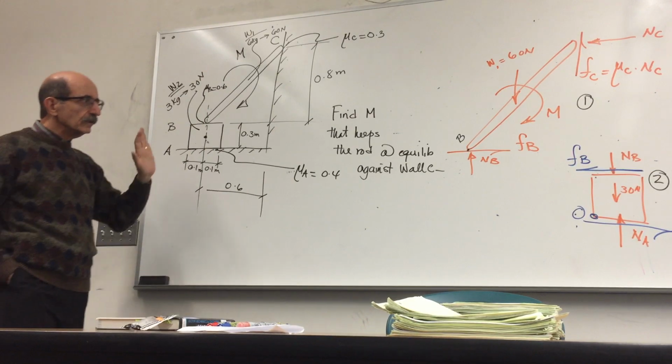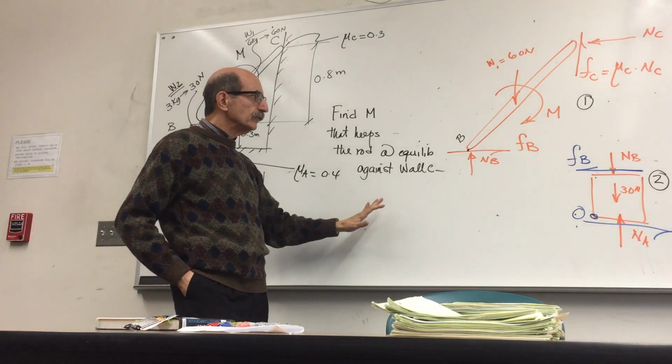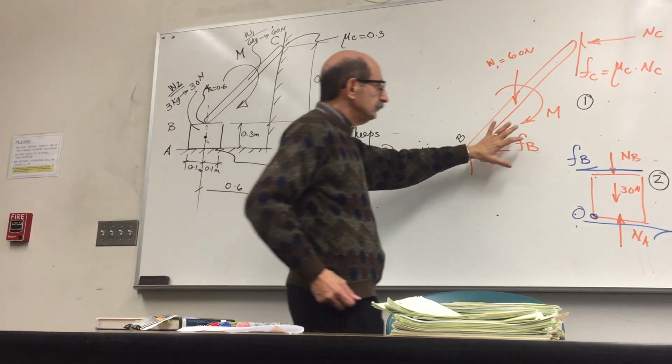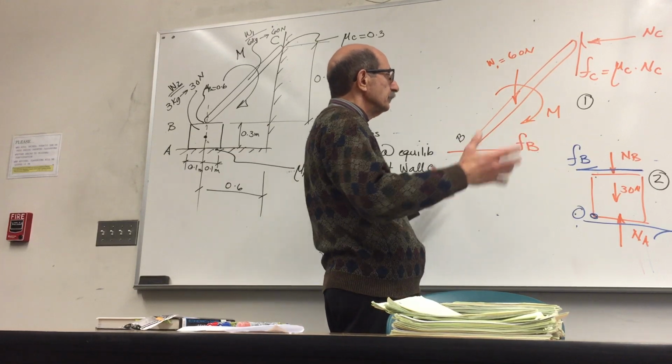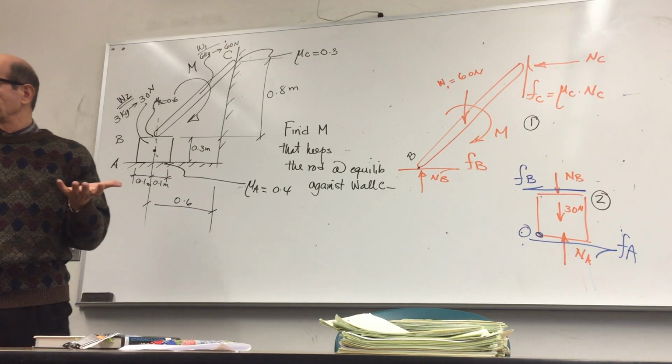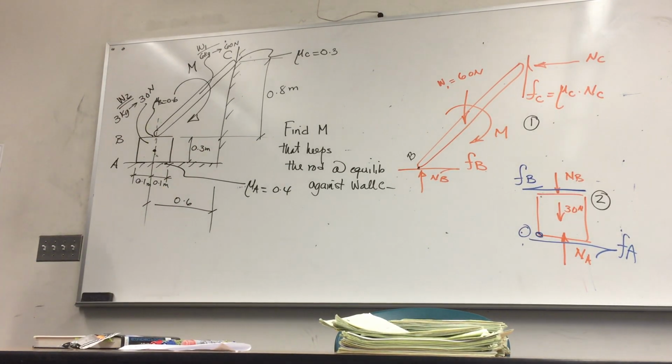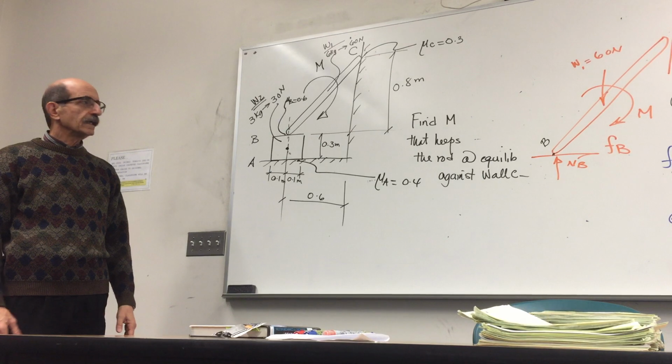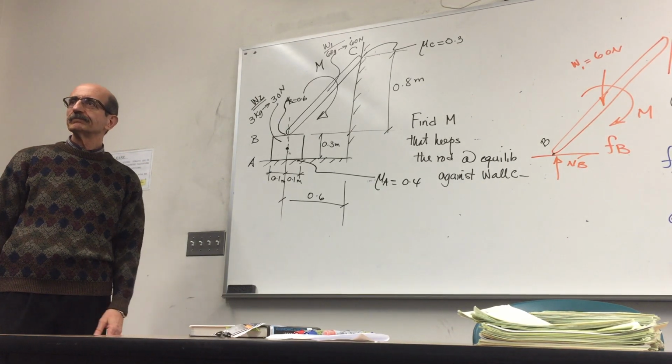In the second case, the big difference is that you do not assume that these forces are the maximum force of friction. Just find the actual friction force that develops and compare that against the maximum force of friction. If it is less than that, equilibrium exists. If it's more than that, you're violating it.